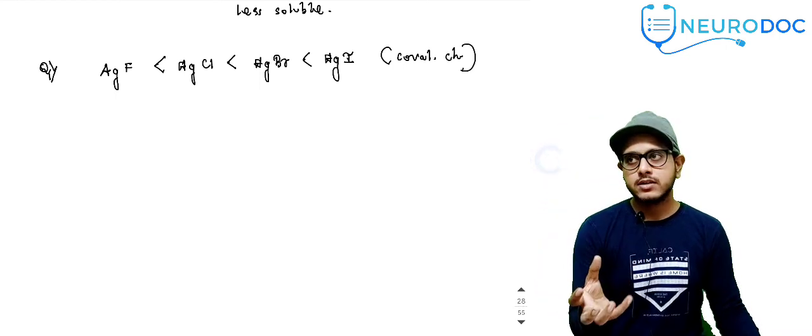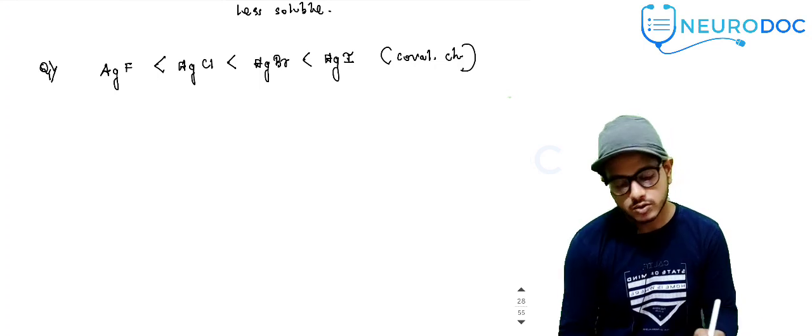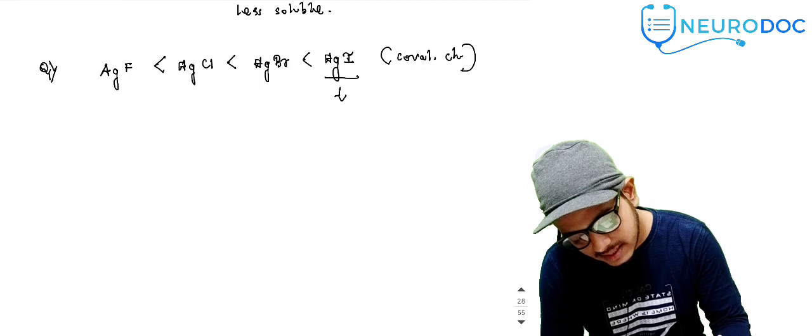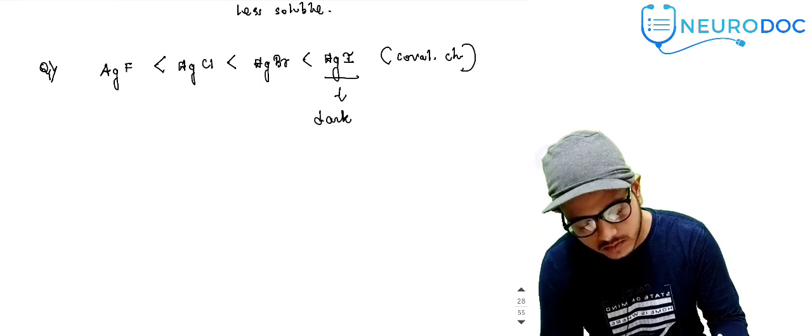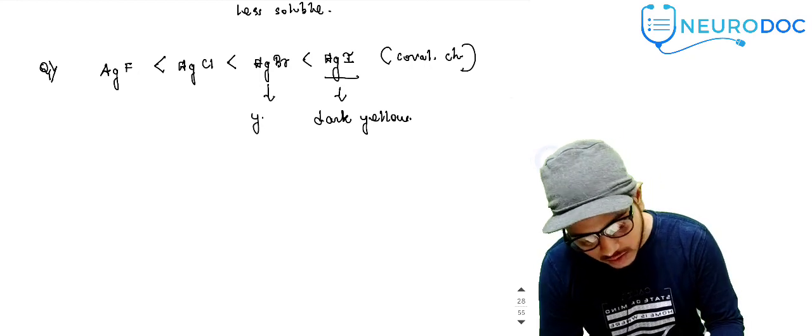More the covalent character, more will be the color imparting nature or more will be the darkness. So AgI is dark yellow. AgBr is yellow.